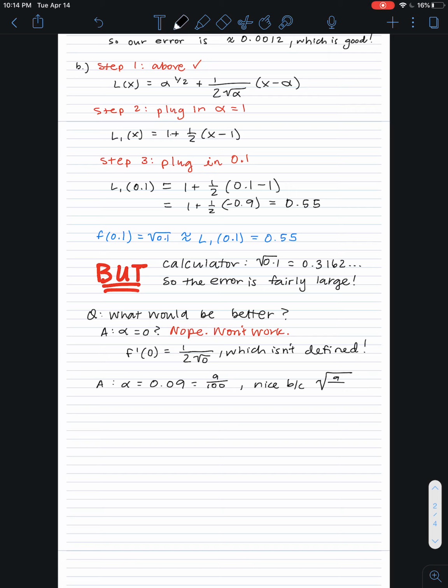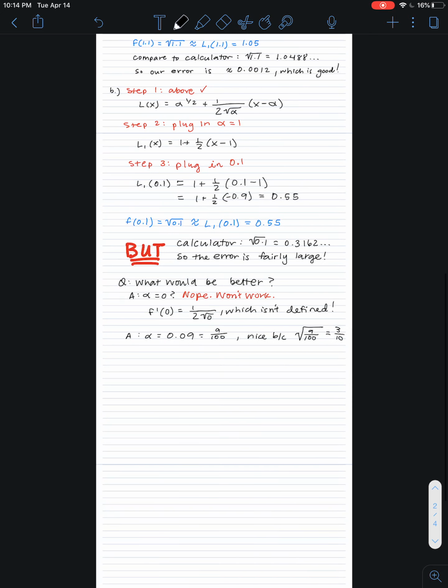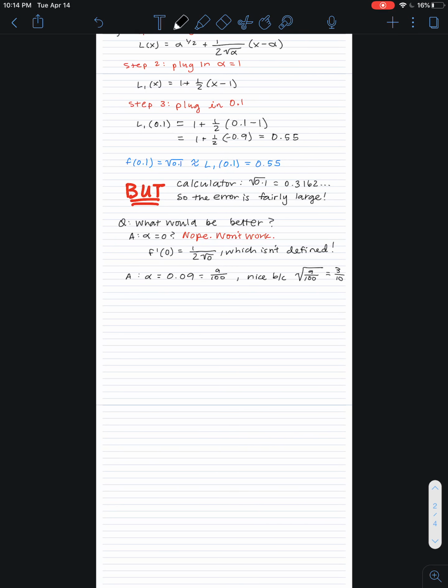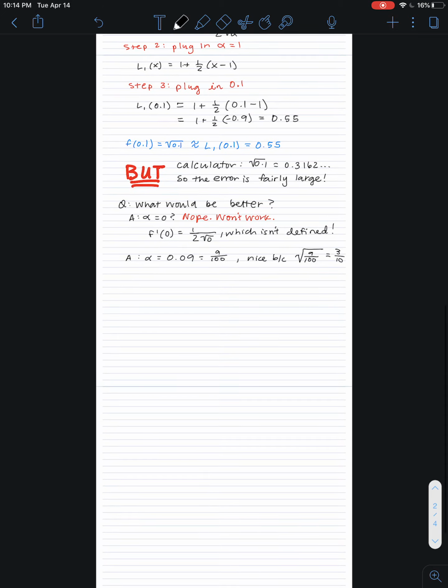And the square root of 9 over 100 is 3 over 10, so it's pretty easy to work with. We don't get some crazy irrational fraction. Okay, so let's try doing this and see if we get a better result.